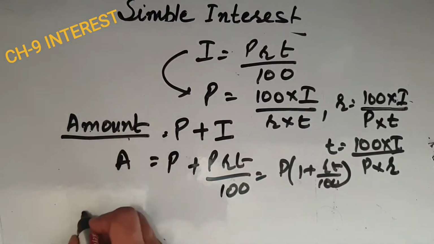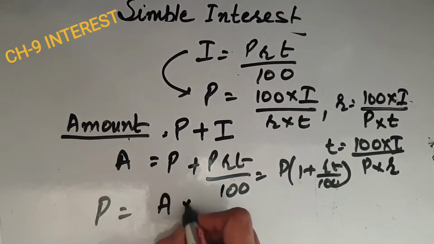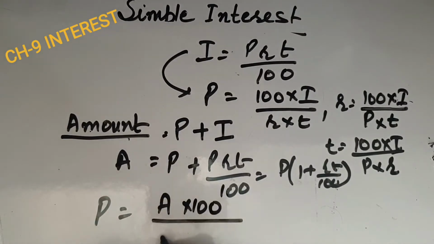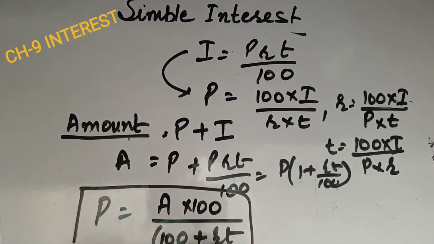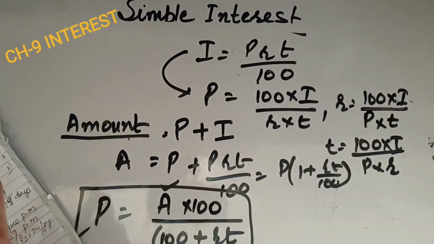Or sometimes we are asked for the principal knowing the amount: amount into 100 upon 100 plus RT. When amount is given, we can directly find the principal without knowing the interest. So these are the formulas you have to keep in mind before we start with the exercise.